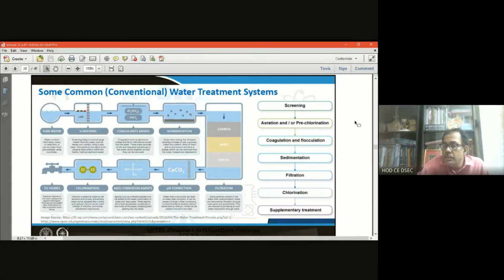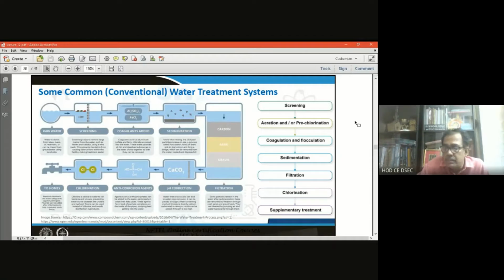rubbish. Using a wire mesh, this prevents debris from causing obstructions within the facility, making treatment easier, because the branches of trees, leaves, logs, and rubbish, all these things which float in the raw water, are prevented by this screen, the wire mesh made of rod or bar.